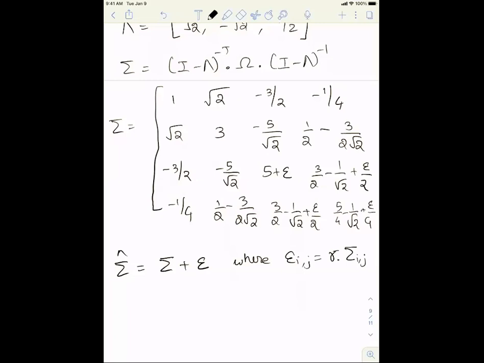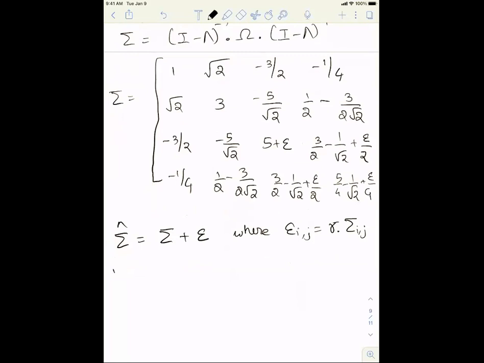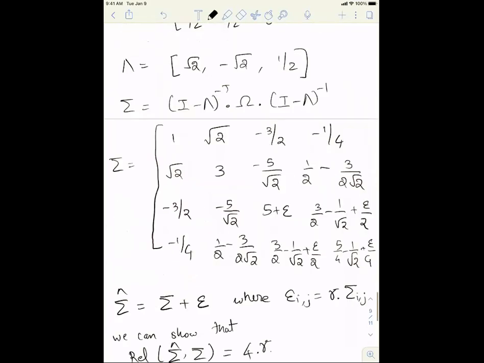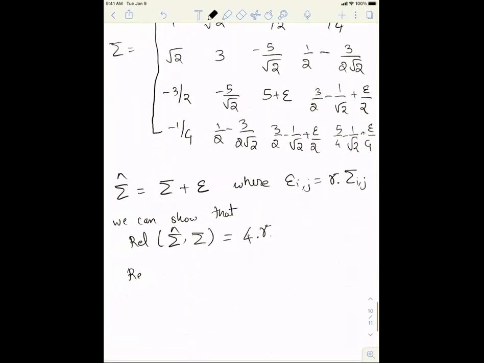Then you can show that the relative error between sigma hat and sigma for this example will be something like 4 times gamma, and the relative error in lambda, if you compute lambda hat from the sigma hat, turns out to be 1.